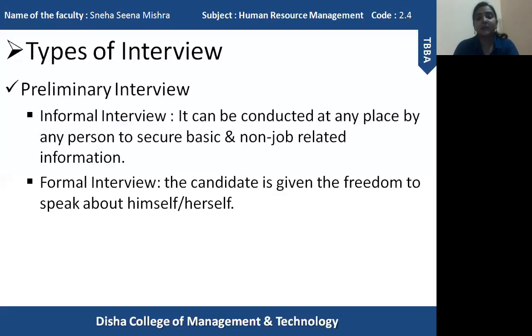So these are information which are not related to the job, but they are collected through the process of informal interview. Okay.